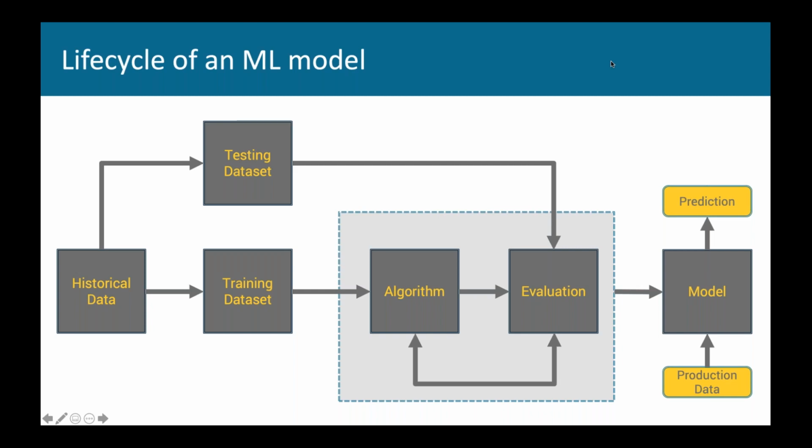And once the evaluation meets certain criteria and it is satisfactory, then we move that into a frozen model, which is going to be used with production data for performing prediction, classification, clustering, and grouping. So that is the high level life cycle of a machine learning model.